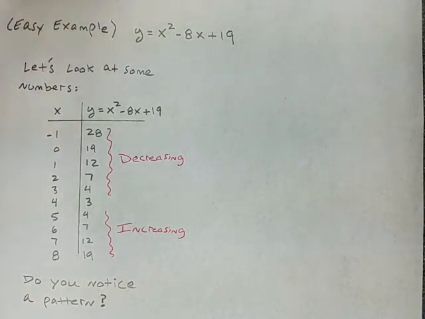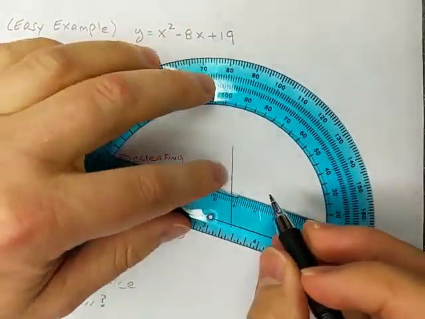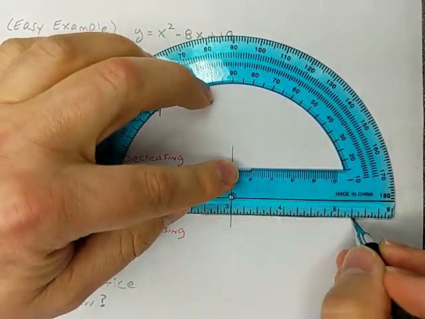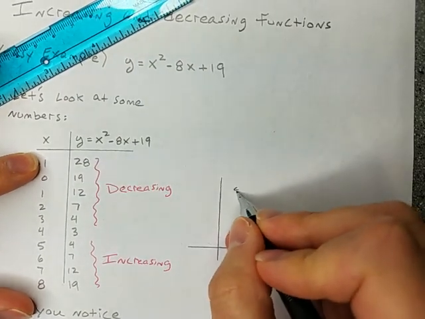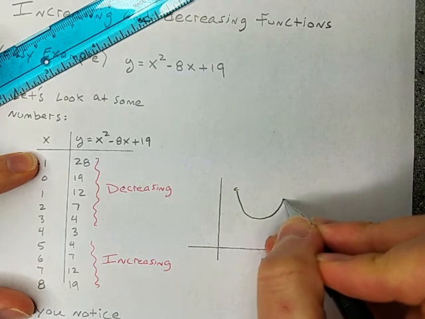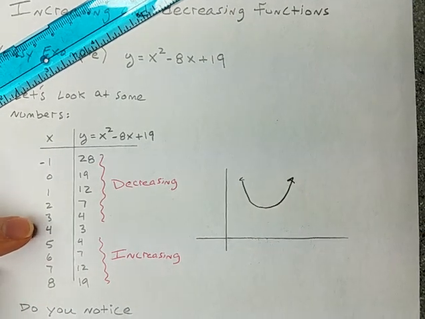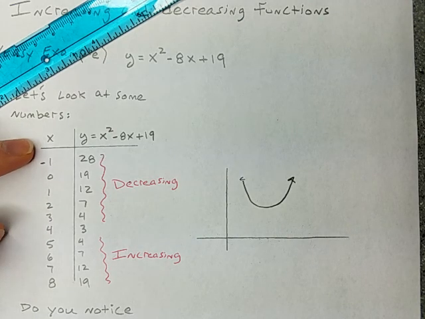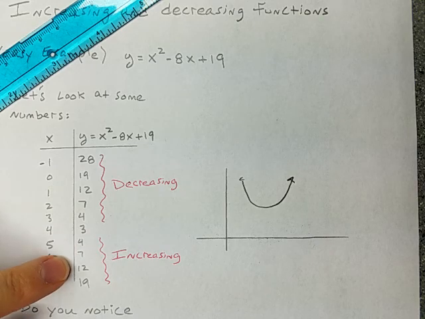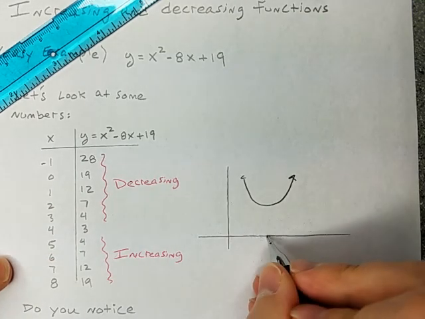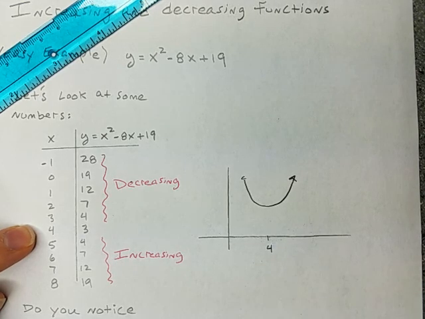Now, if you wanted to visualize this, you might think of it something like this. If I had the graph for this handy, it would be a parabola. It would look something like that. And the bottom point of the curve, where it transitions from getting point by point smaller to point by point bigger, is right here at 4. That's where the transition occurs.